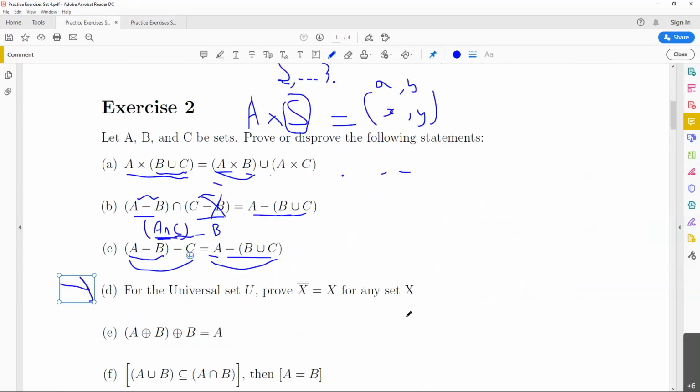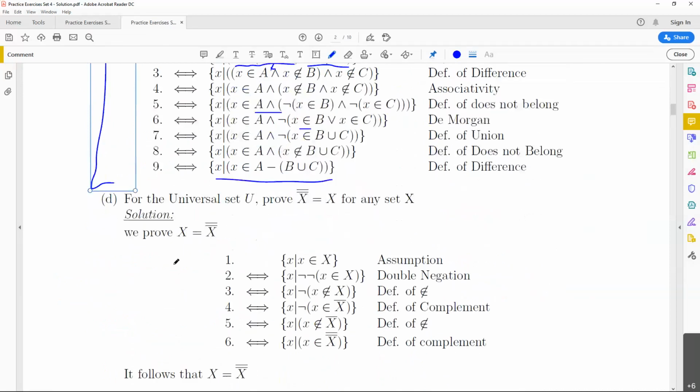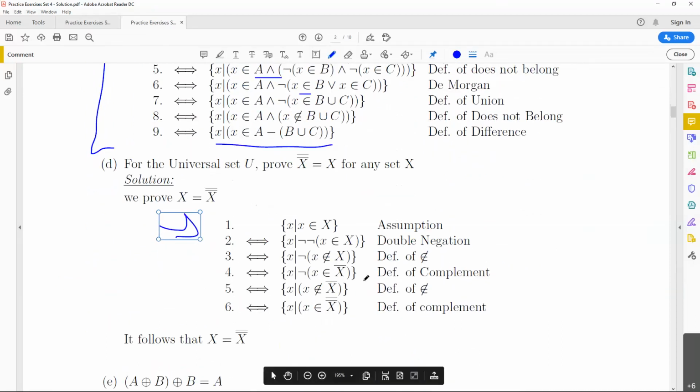D, for any set X, prove that X bar bar is just X. So the double complement of X is the same. There you go. So X is in the set X. Add double negation, it doesn't mean anything.